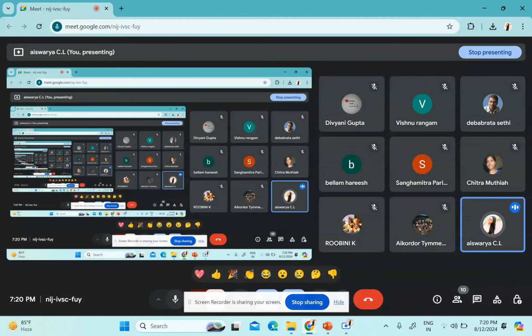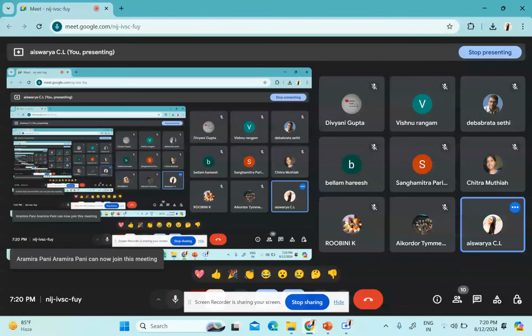Then only I think you can share. Chitra and Divyani, you people have also solved, right? Solved the problem.